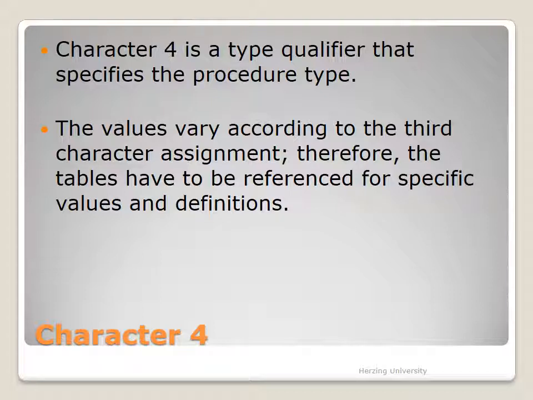The type qualifier is the fourth character, and this further explains the root type, the third character. The values vary according to the third character assignment. Therefore, the tables have to be referenced for specific values in definitions.